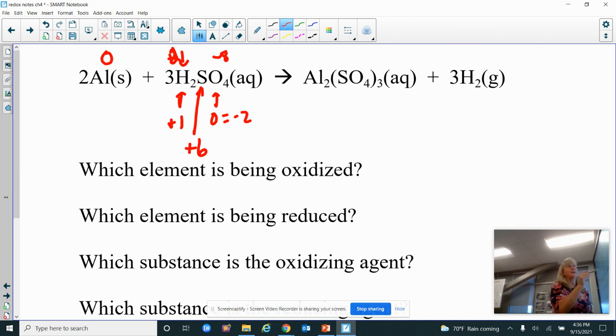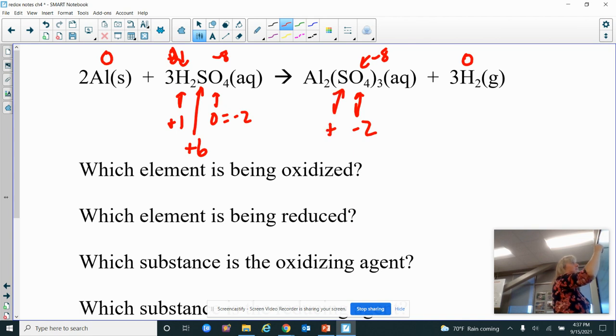On the other side, we have hydrogen here that's by itself, so that means its oxidation number is 0. In this compound, again, we still have sulfate, so that didn't change. The oxygen total is -8, so each oxygen is -2. And then in sulfate, the sulfur still stays the same.